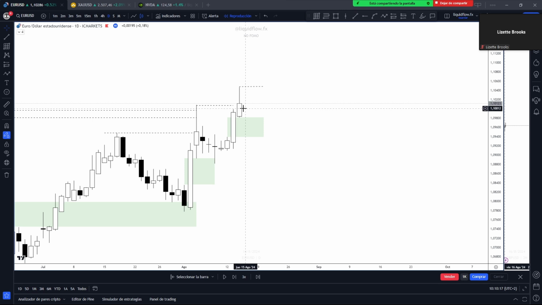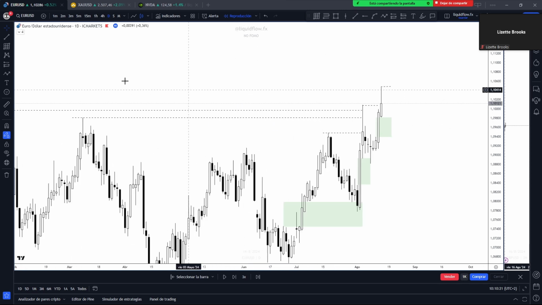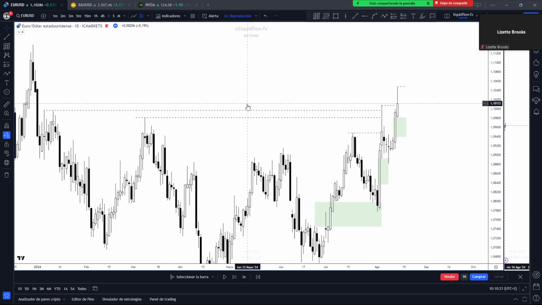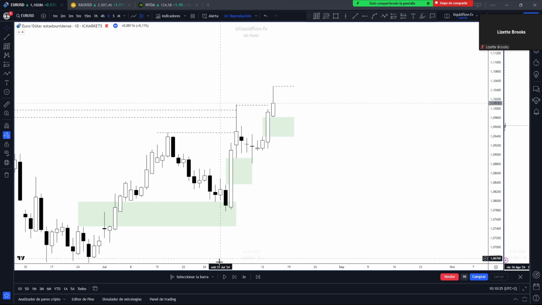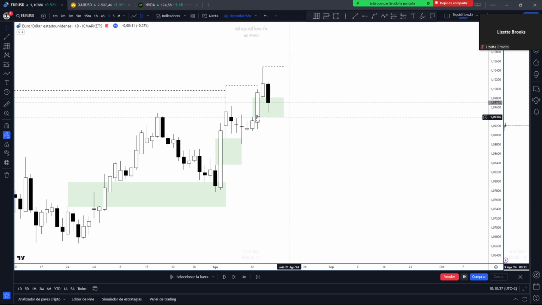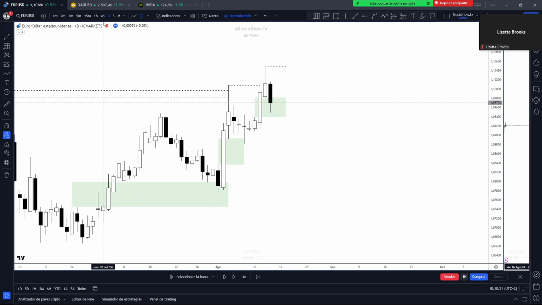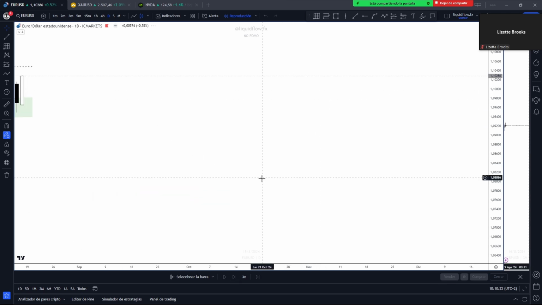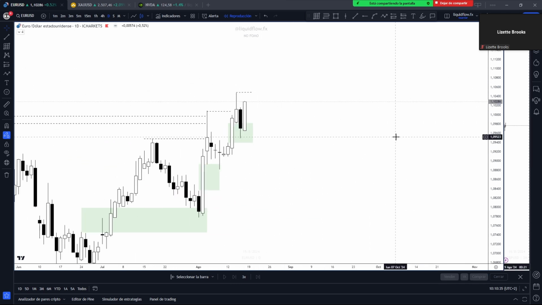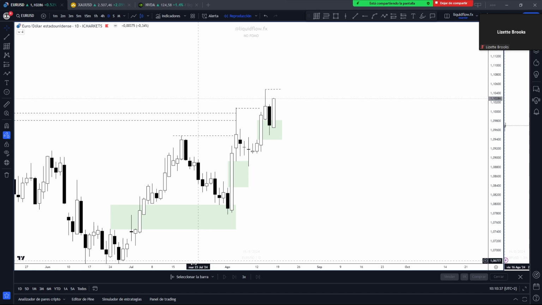I'm always trying to sell after this kind of movement because we don't have anything here. And what does Thursday do? Just come inside, and now you know you can buy again.